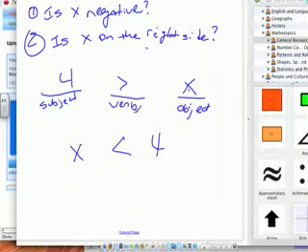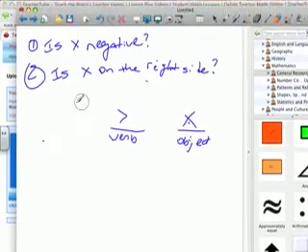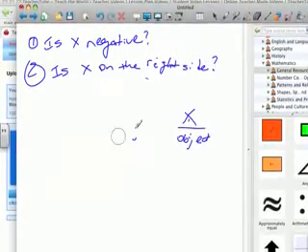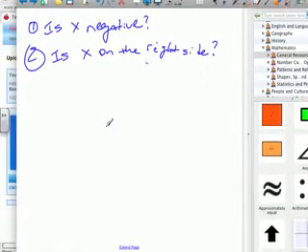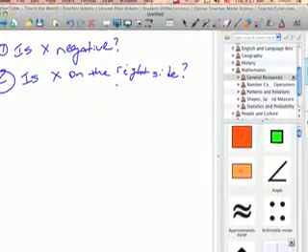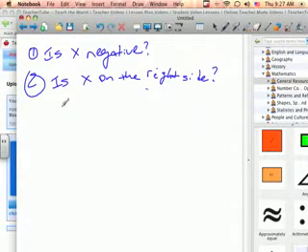So, there's 2 questions you need to ask yourself. The first question would be, is x negative? The second question would be, is x on the right side? These are the 2 questions you must always ask yourself. And I'm going to give you a guide, a quick way to remember this. If you answer no to both questions, do nothing.